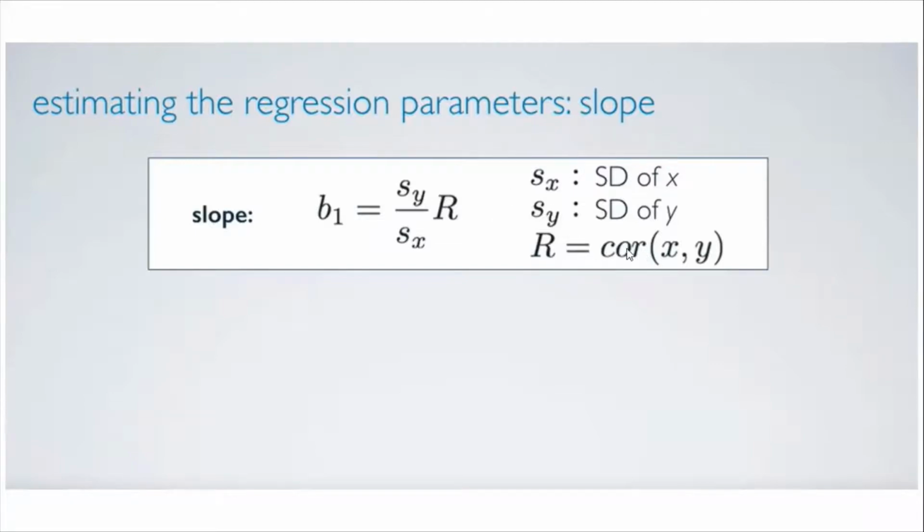So this is the R formula: we get the correlation coefficient, find the standard deviation of y divided by standard deviation of x, and multiplying, we get the slope. This is how they came up with the method to calculate slope.